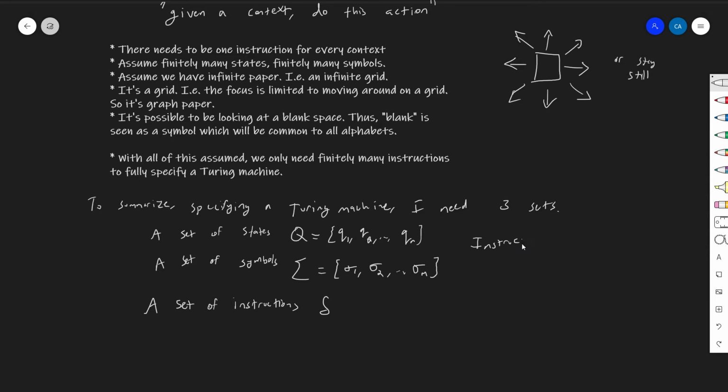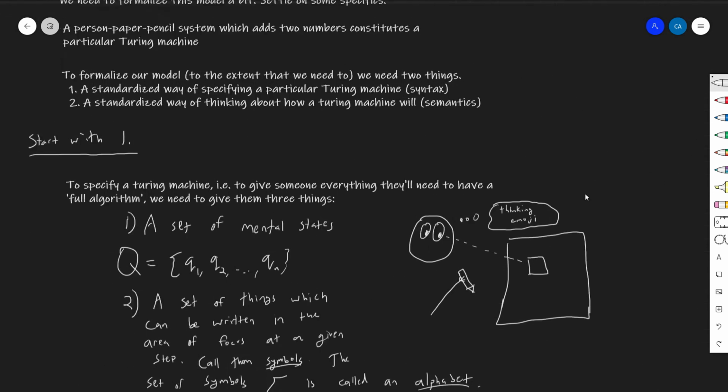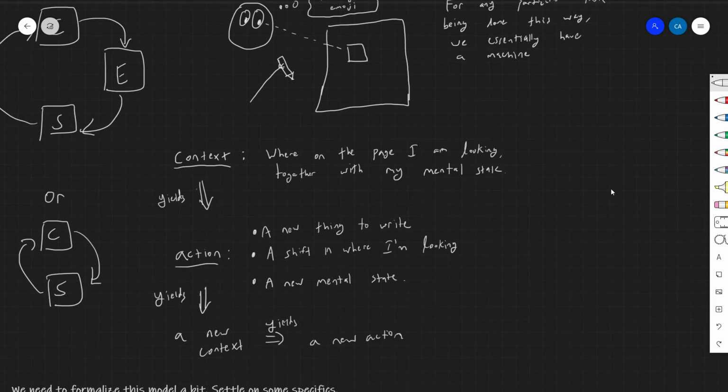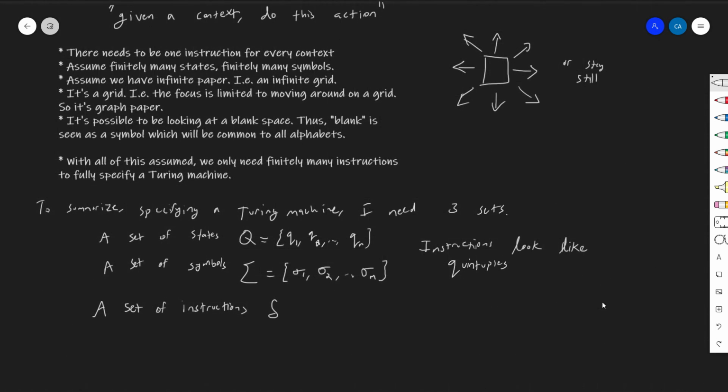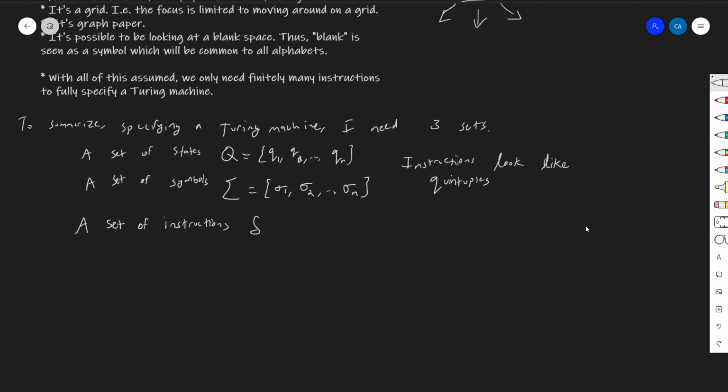Instructions look like quintuples, a set of five things. Why is it a set of five things? Because a context consists of two things, and an action consists of three. So if I want to specify a full instruction, then I need to specify five things. Given these two things constituting the context, these three things are the result, and those constitute the action.